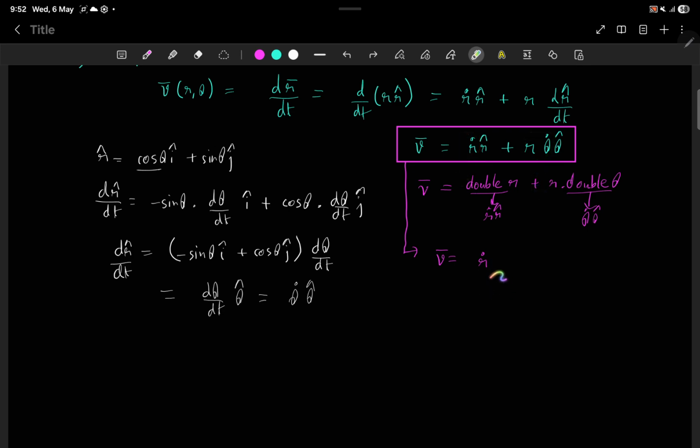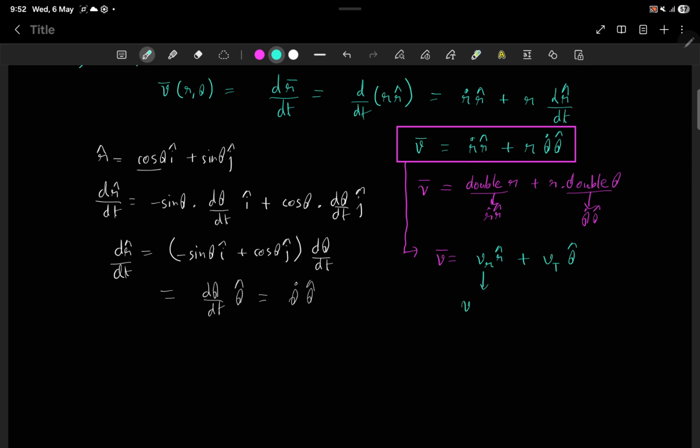So what can I write? I can write the velocity as Vr r cap, the radial velocity in the radial direction, plus V transverse theta cap, in the transverse direction.